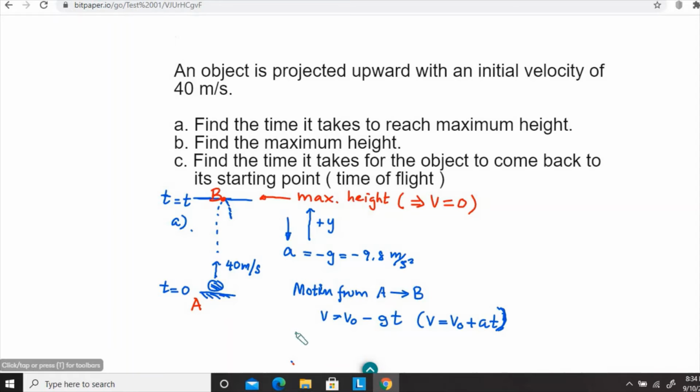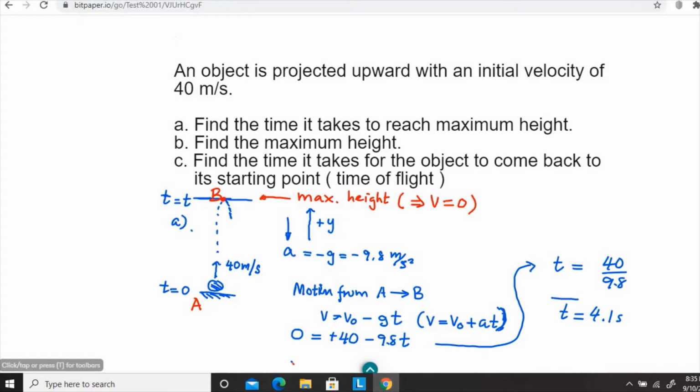So then final velocity, we know that's 0, equals plus 40, that's the starting velocity in the upward direction, minus 9.8 multiplied by t. And from here we should be able to figure out what that time is. You'll see time is equal to 40 divided by 9.8, and that's going to yield 4.1 seconds as the answer.